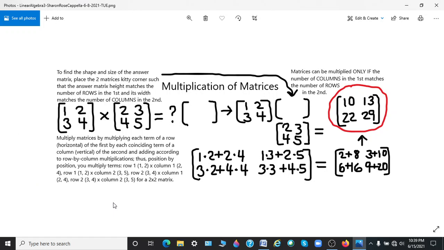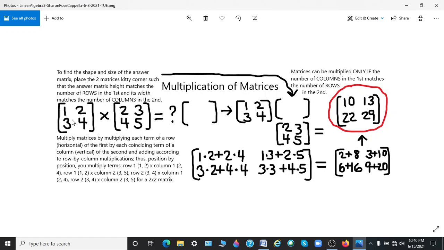Multiply the matrices by multiplying each term of a row, horizontal, of the first one by each coinciding term of a column, vertical, of the second, and adding, according to a row by column multiplication. Thus, position by position, you multiply the terms. In row 1, which consists in matrix 1 of 1 and 2, times column 1, 2 and 4 of the second matrix. I'll explain this a little bit better.